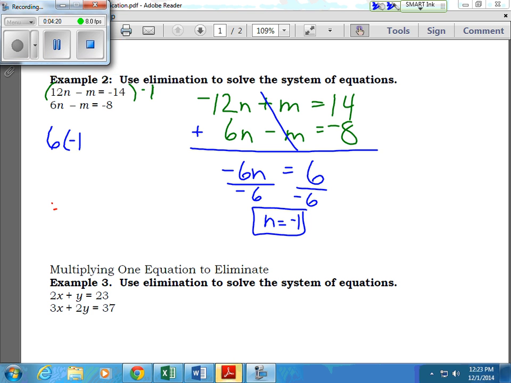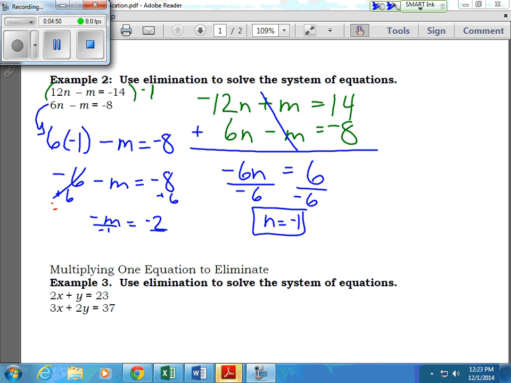I'm using the second equation. 6 times -1 minus m equals -8. That'd be -6 minus m equals -8. Add 6 to both sides. -m is equal to -2. So divide by -1. M is equal to +2. There we go. There's n and there's m.